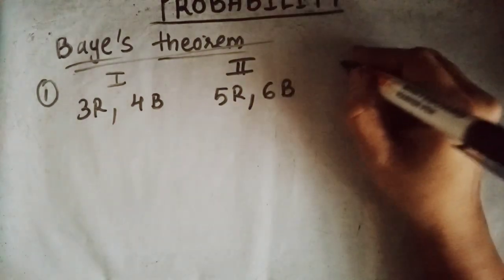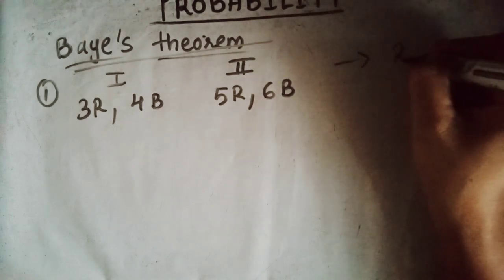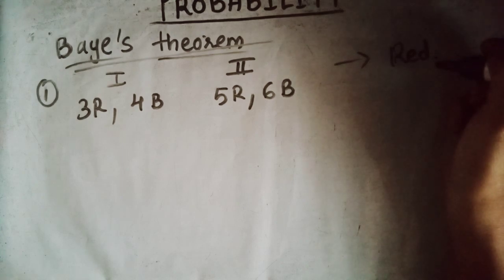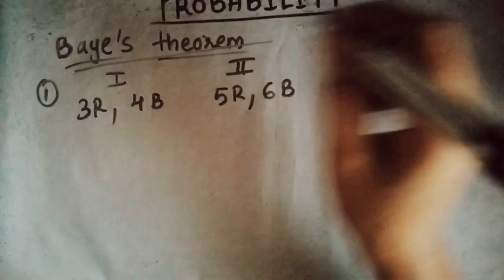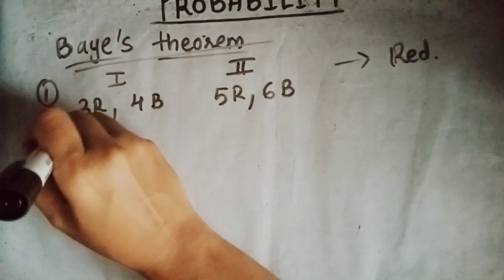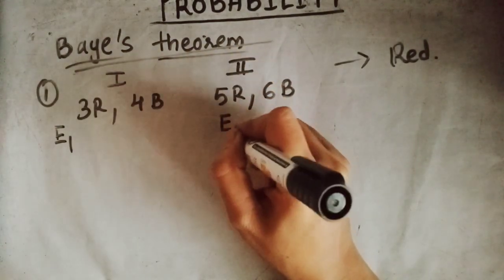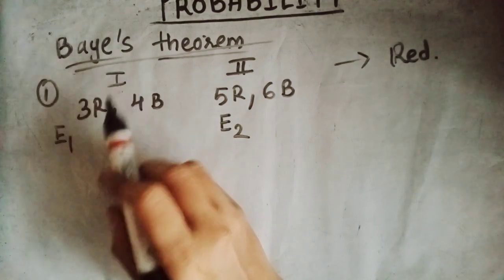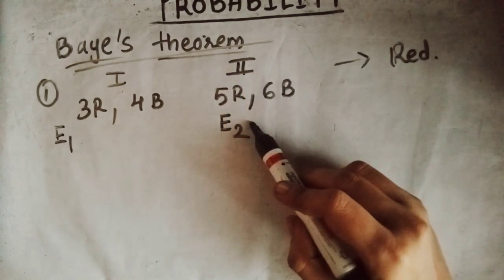Find the probability that it was drawn from bag 2. Now your events will be, this is your first event E1 and this is your second event E2. That is, event 1 is choosing from bag 1 and event 2 is choosing from bag 2.